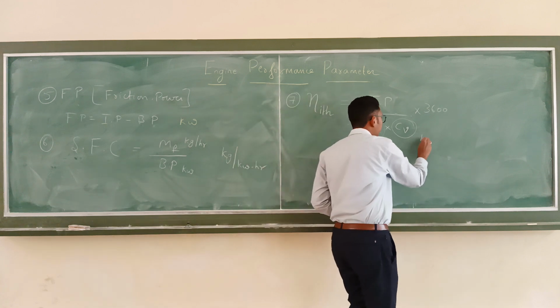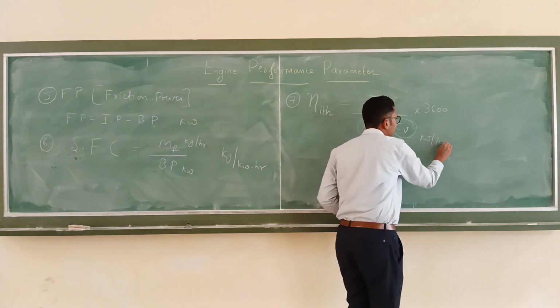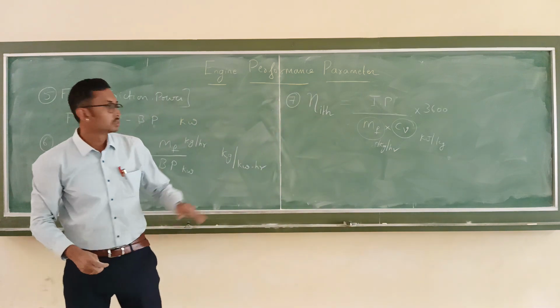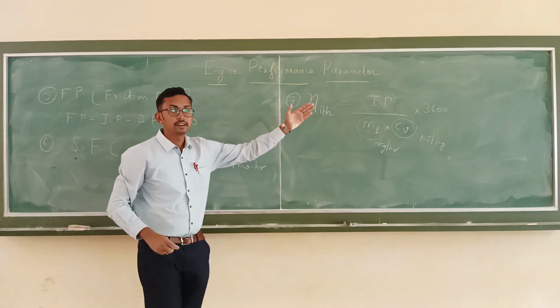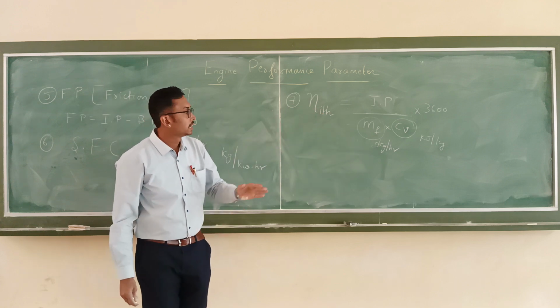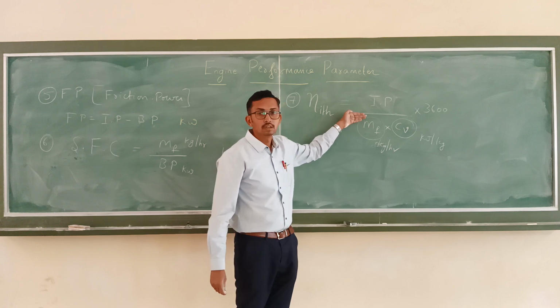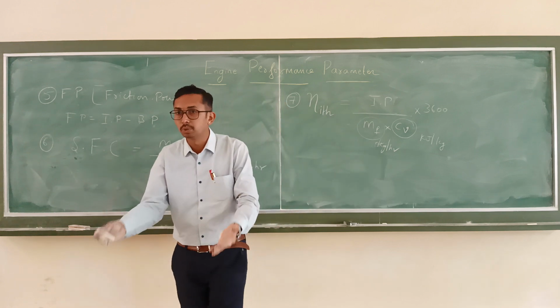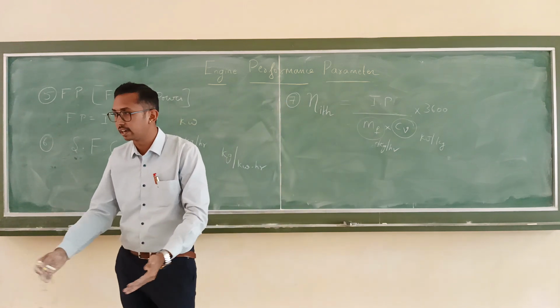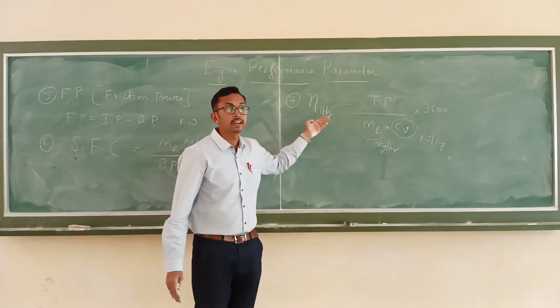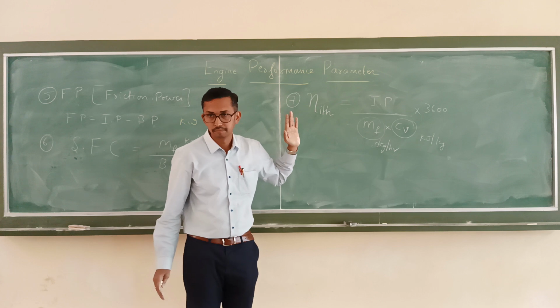That is given in kilojoule per kg. So this is the indicated thermal efficiency. It is a ratio of indicated power to the power produced or generated due to the combustion of fuel.